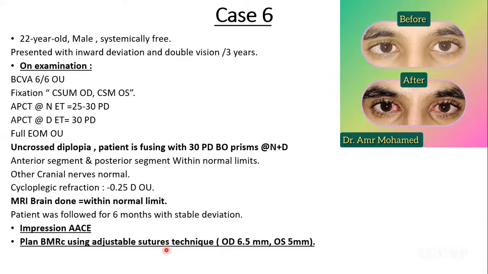Because of that, he's having diplopia. So you need to do a perfect surgery so the patient will not have diplopia postoperatively. Because of that, usually in such patients, we do adjustable suture technique to make sure that the patient does not have any diplopia at near or at distance. Okay?